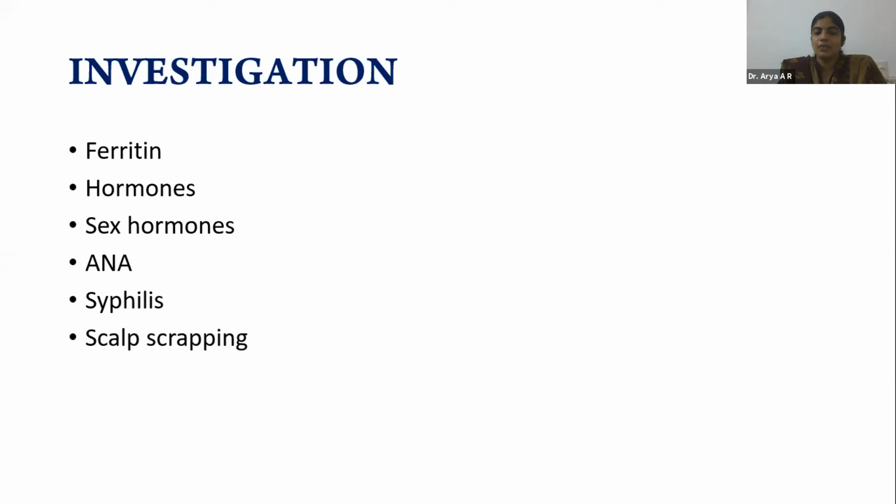Next one is sex hormones and then ANA. ANA you all know. And then syphilis. Syphilis is a condition that I told you earlier, among the medical conditions. So you should look for whether they have this. Then scalp scraping. These are the investigations commonly done to assess hair disease conditions.